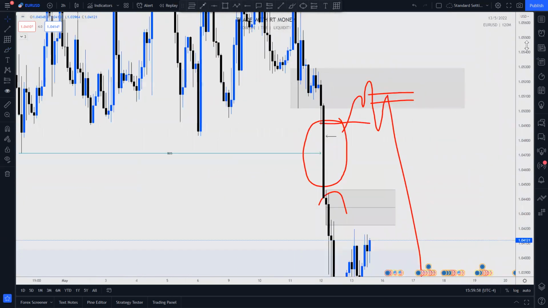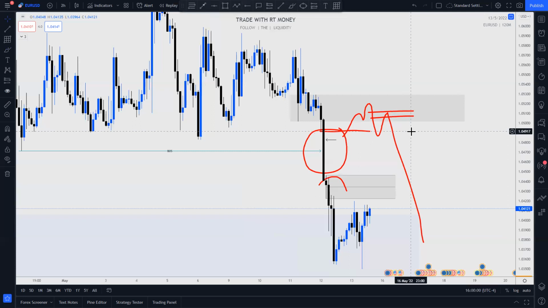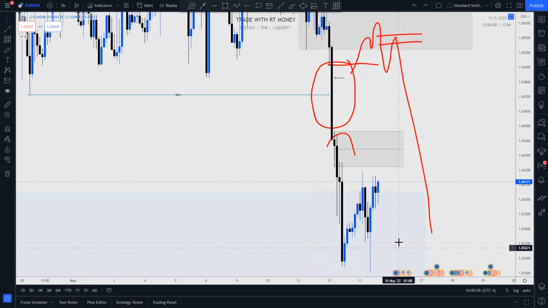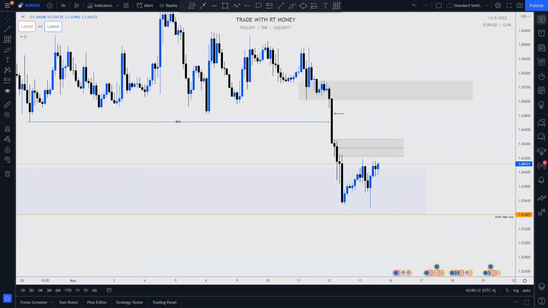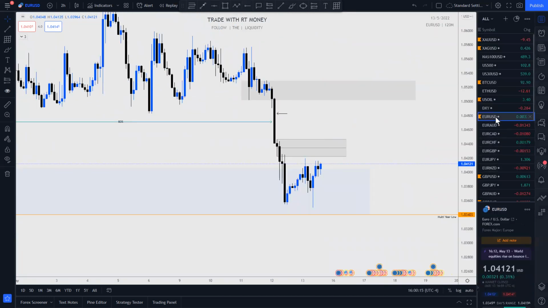This will be option number 2. Looking at option number 1 as far as POIs, POI 1, POI 2, and we'll see what happens. That's it. I'm moving on to the next pair for the next video, which will probably be GBP USD. And I will see you in the next video.